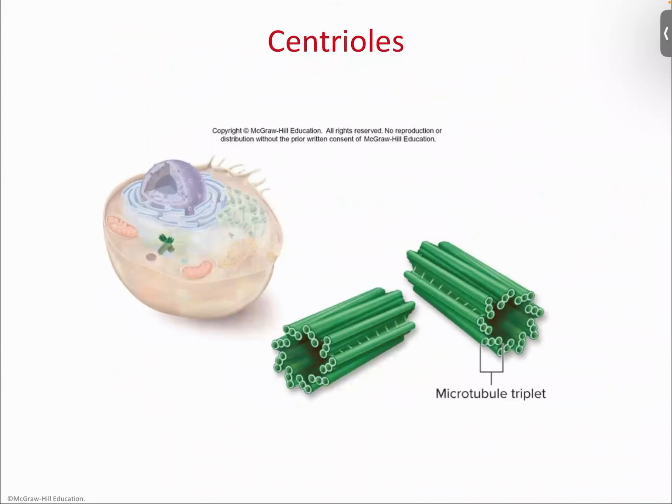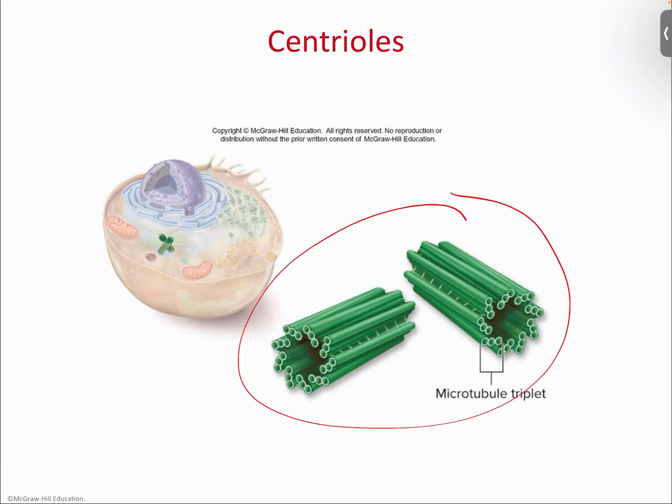So this is what a centrosome looks like. You can see this is the individual centriole. So you have two centrioles. So this would represent a centrosome. And when you take a look at this, the structure of this is very important, because what you see is the centriole has basically these microtubule triplets connected to each other.